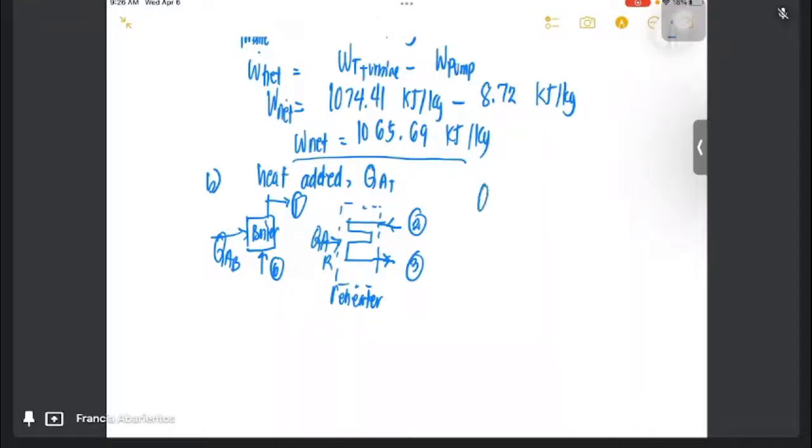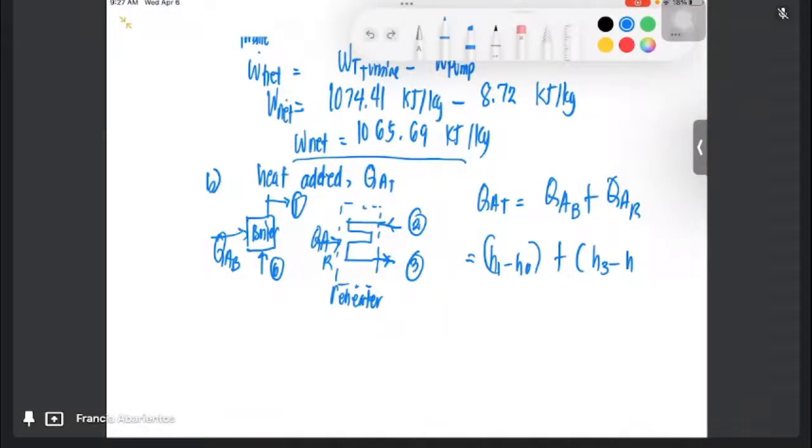So, the total heat added is equal to the heat added by the boiler plus the heat added by the reheater. Energy equation: we have H1 minus H6 plus H3 minus H2.